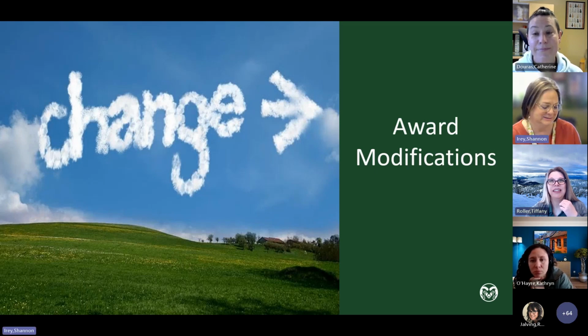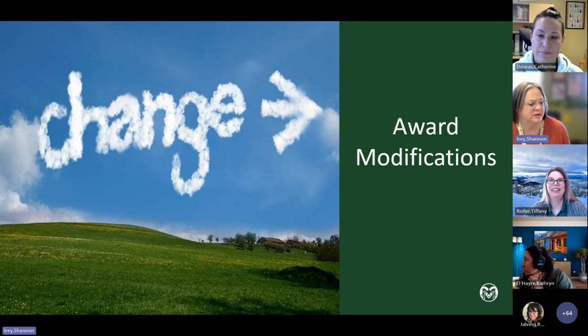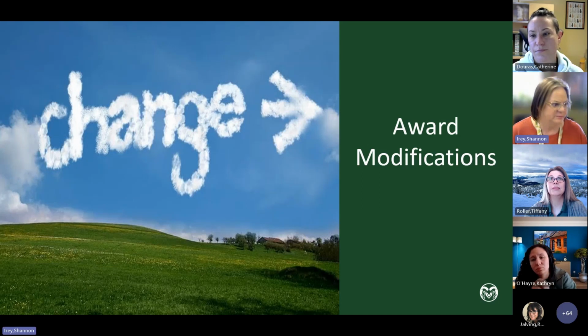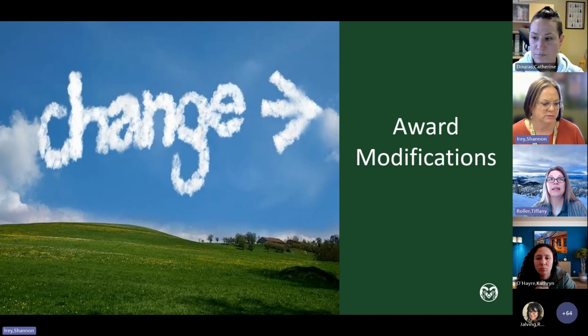PI dying. My goodness. Yes, well, that would be definitely a change. Absolutely. And also the statement of work change. So any change in SOW. Oh, we're getting more. Additional supplement or supplemental funds, addition of subaward.